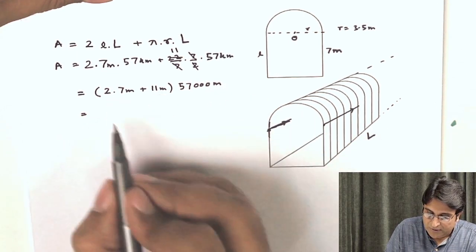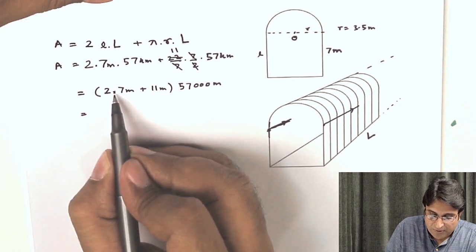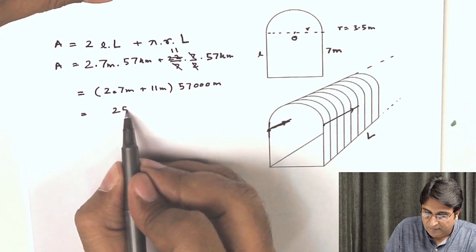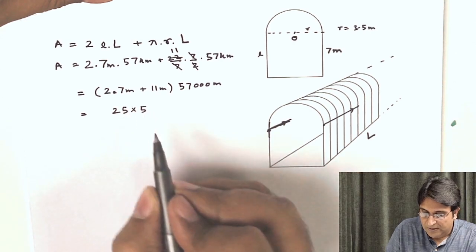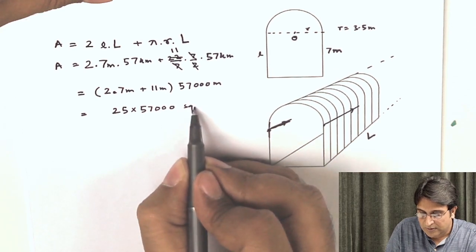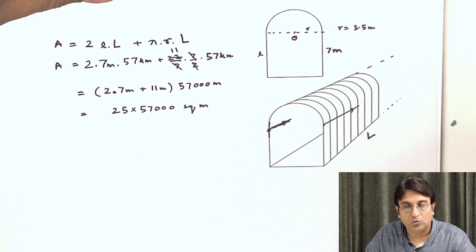So this is 14 plus 11, 25. This is not a decimal, remember, this is multiplication. So 14 plus 11 is 25, 25 times 57,000 square meters is the total area.